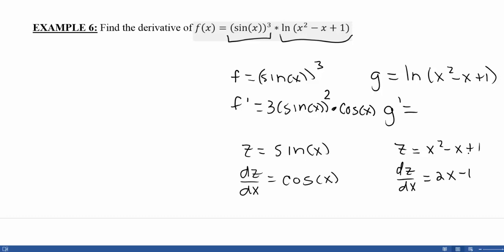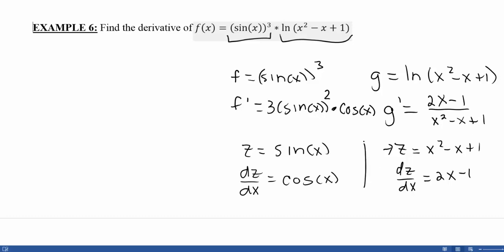With the natural log, our shortcut said we're going to have 1 over z times dz dx. And usually what happens is that the dz dx gets multiplied into the numerator. So that means I'm going to have 2x minus 1, my dz dx, times 1 over z. But my z is x squared minus x plus 1.